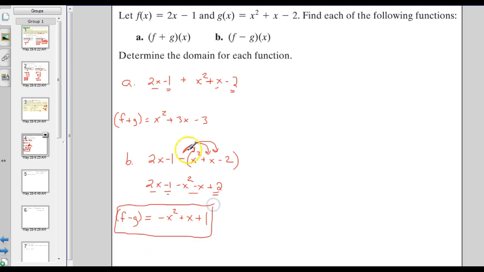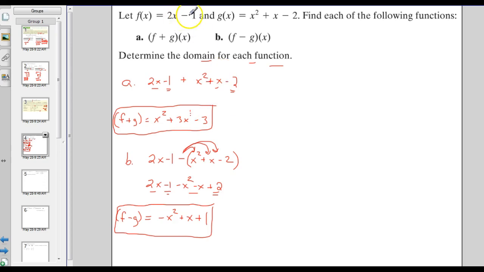Alright, so there's the first two, and then we're going to multiply and divide them next. Now, domain for each. This is a polynomial. It's not restricted. Polynomial means you just have whole number powers, like x to the second, x to the first. So polynomials will never be restricted because there's no division, there's no square roots.